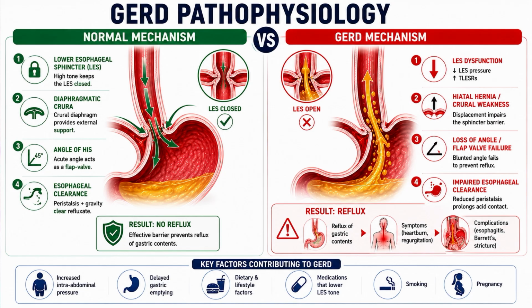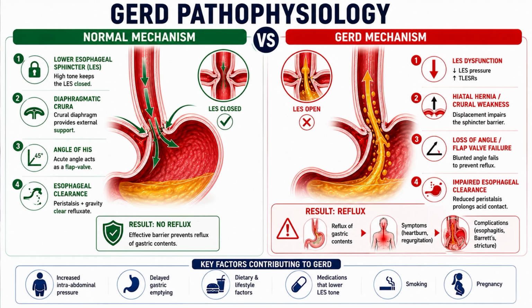But in GERD, these protective mechanisms fail. And the most important is the transient LES relaxation, also called TLESRs. This is actually the most tested concept in exams. Other mechanisms include reduced LES pressure, hiatus hernia, loss of angle of His, delayed gastric emptying, and impaired esophageal clearance.